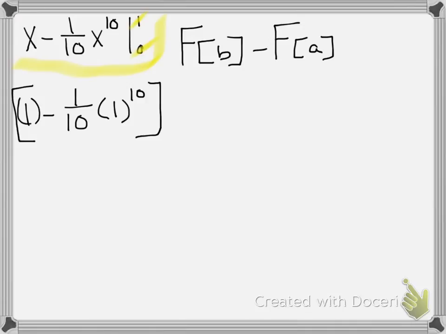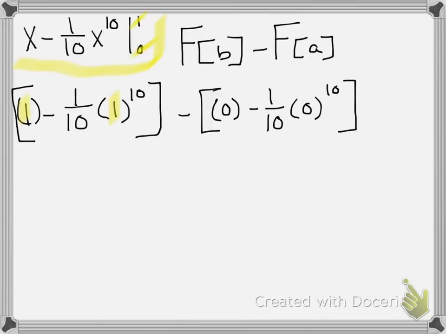And so, as you can tell, there's a b and there's our b. And there's going to be minus our a, which is 0, minus 1 over 10 times 0 to the 10th. So there's our f of a.